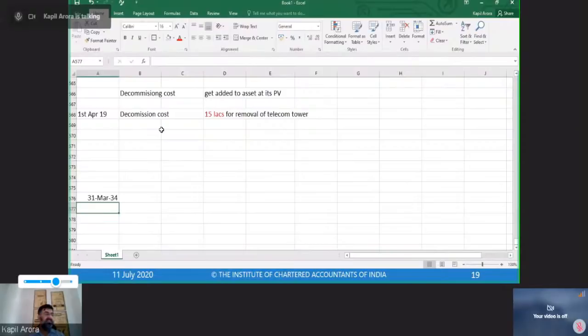Priti, we have taken the debit side of the asset, not the debit side of provision. It is the credit side of provision, right? Because it's a liability. Right? Now, in 15 years, the 15 lakhs which we have estimated, the estimate has been done on today's date.